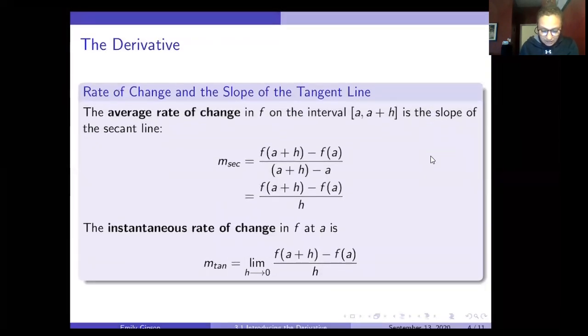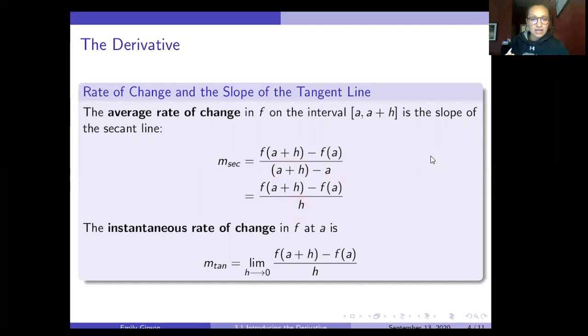So here it is using h as your separator instead of the distance between x and a. So the average rate of change in f on the interval a to a plus h is the slope of the secant line, as we've seen before. And here for x, I've just subbed in a plus h, and then I've got this minus a term. Well, positive a minus a is going to be 0, so we're left with just h in the denominator.